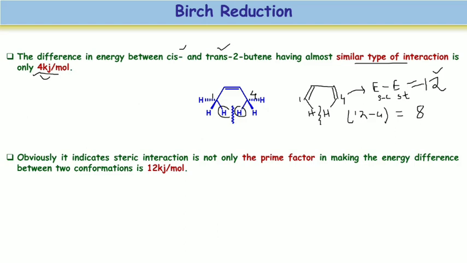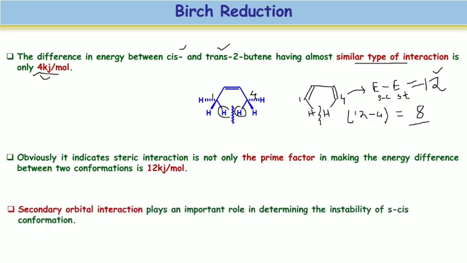As it is 8 kJ per mole, which is more, you can expect that there must be another factor that is destabilizing the S-cis conformation. Now what is that particular factor that we have to consider? And this factor is secondary orbital interaction. Secondary orbital interaction plays an important role in determining the instability of S-cis conformation, right?